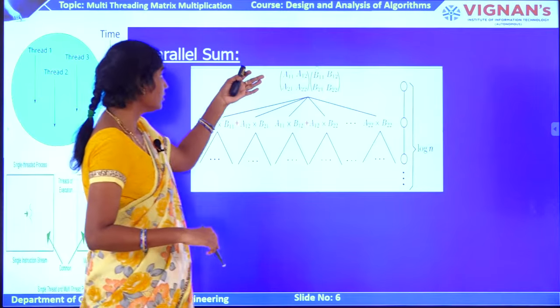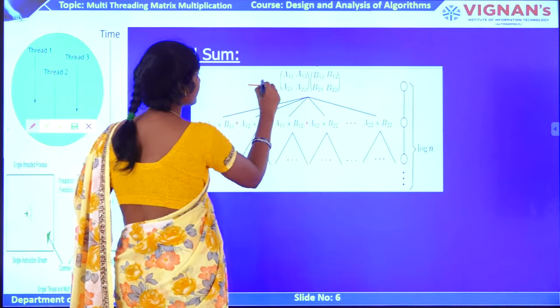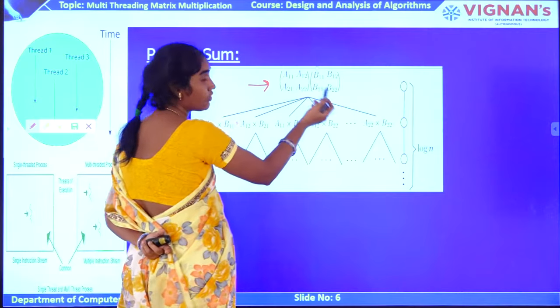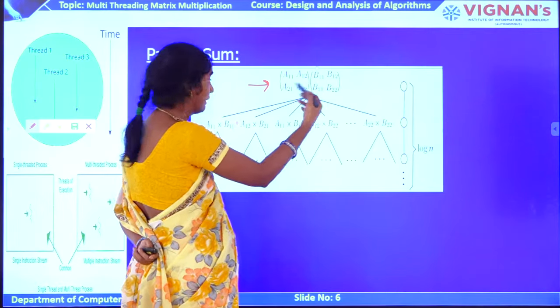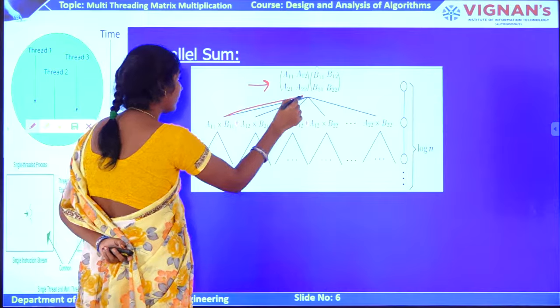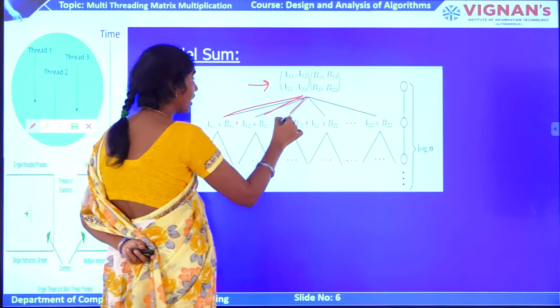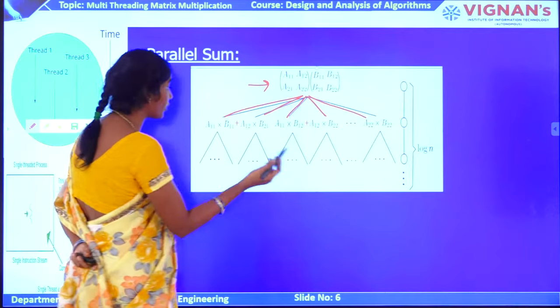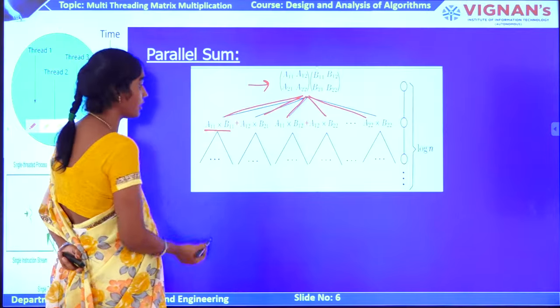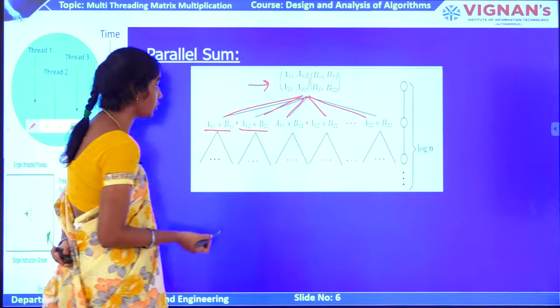Okay. Now how to achieve this parallel sum? Initially this is your matrix, two matrices which we are going to multiply, right. I have several terms whenever we want to multiply, which is A11 into B11, A12 into B21, right.